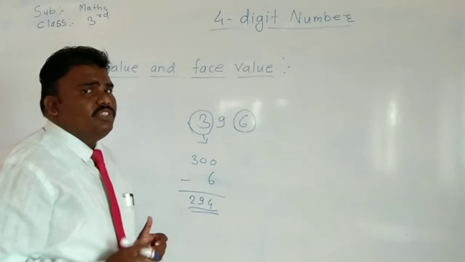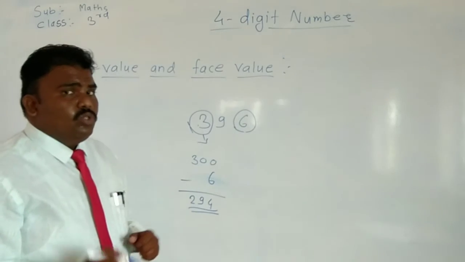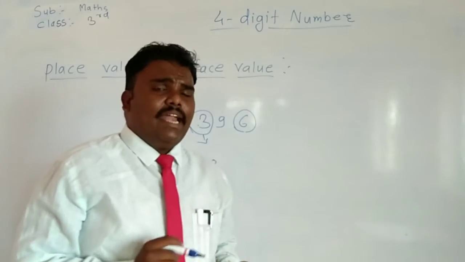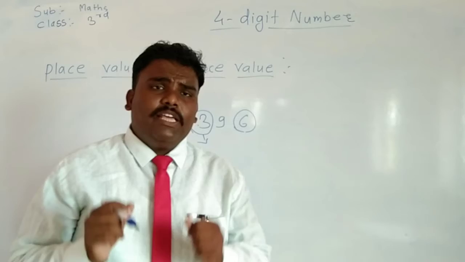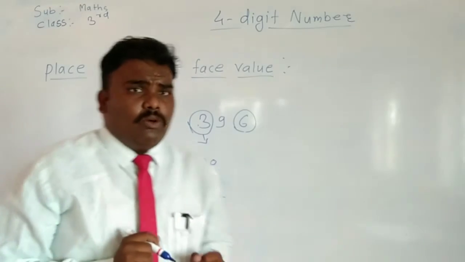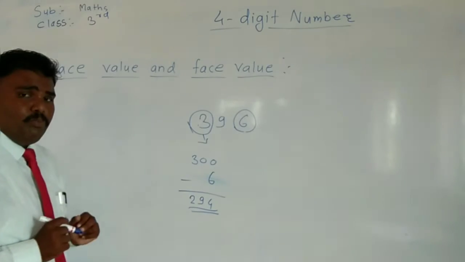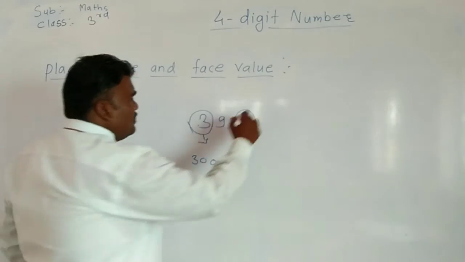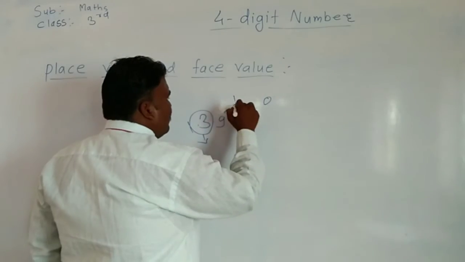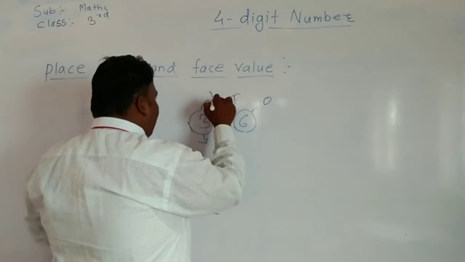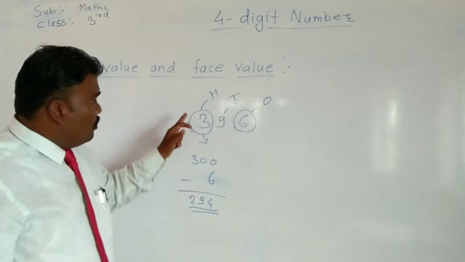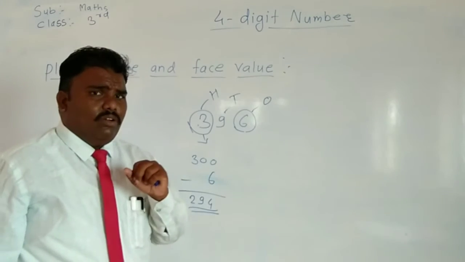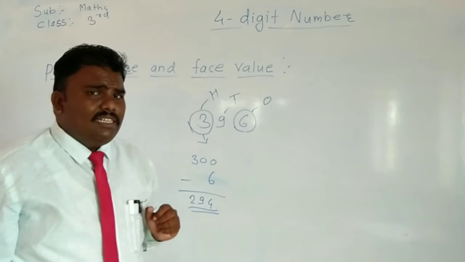So this type of question can be asked in the exam. For solving such questions, you have to understand how to find the place value and face value. Place value depends upon the position of the digit. This is the ones position, tens position, and this is the hundreds position of the 3. So it depends upon the position of that particular digit.